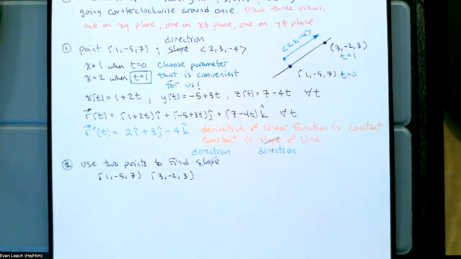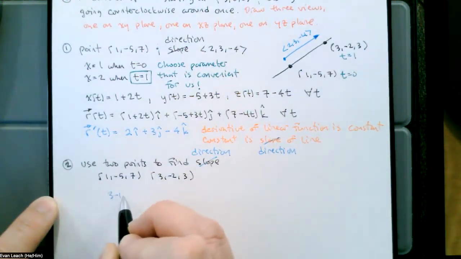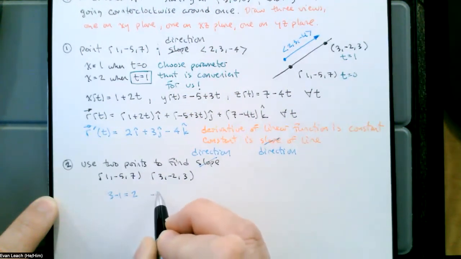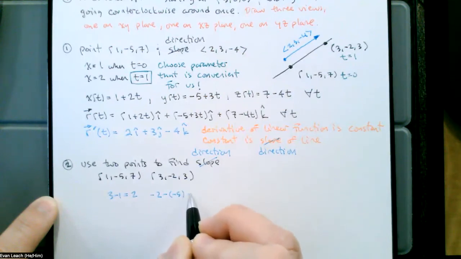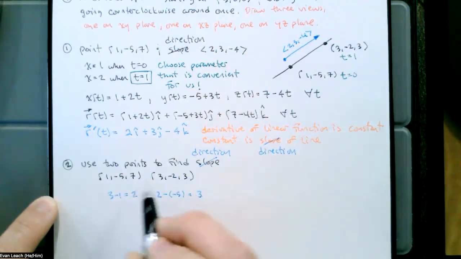We go from 1 to 3 in the x direction, that's 3 minus 1. Then -2 minus -5. And 3 minus 7.